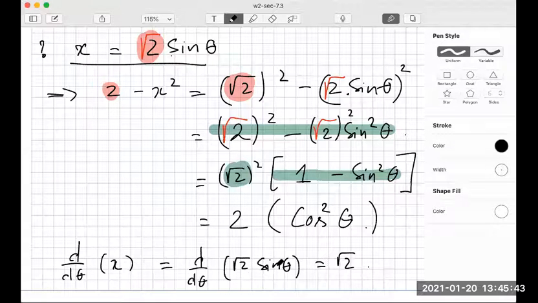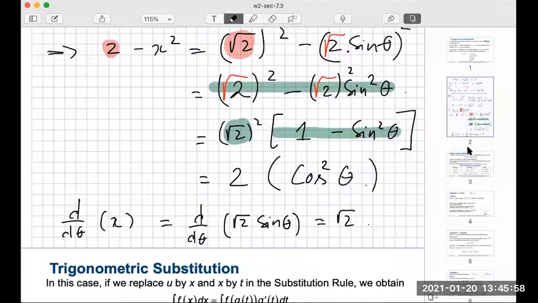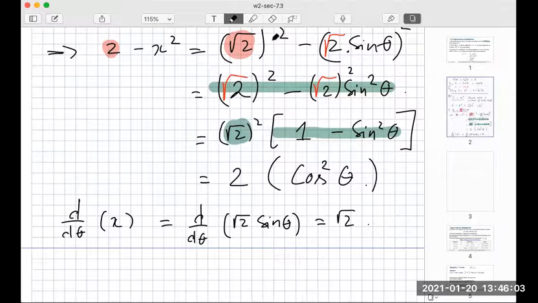So the derivative of this guy will be the derivative of sine theta, right? We don't have to do chain rule here because the variable here is theta, and we're taking the derivative with respect to that variable. So there's no chain rule here. So what is the derivative of sine? Cosine, yes.